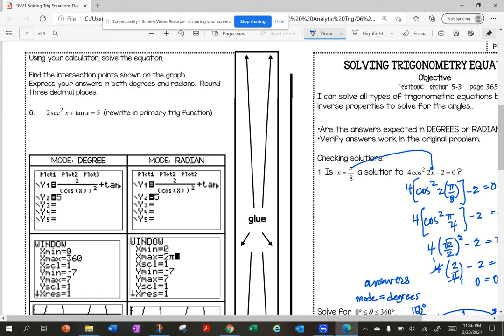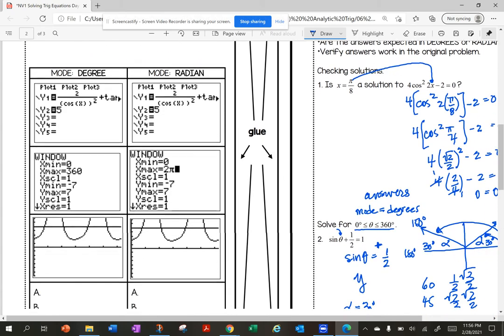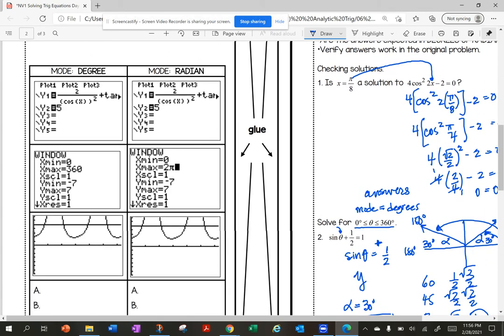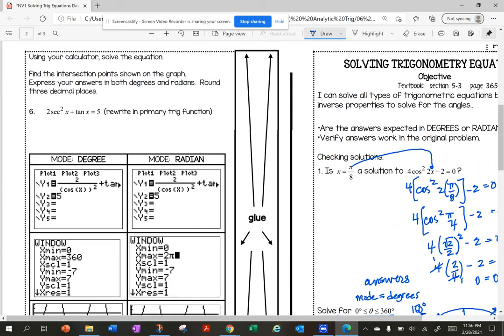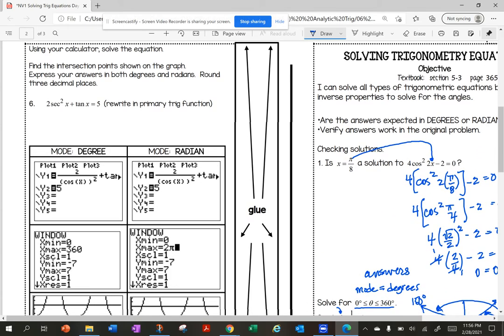Round to 3 decimal places. So let's do this both in degrees and in radians. I have my settings here so you can see what I'm setting it up as. For the equations, I'm going to put the left side into y1 and the right side into y2.